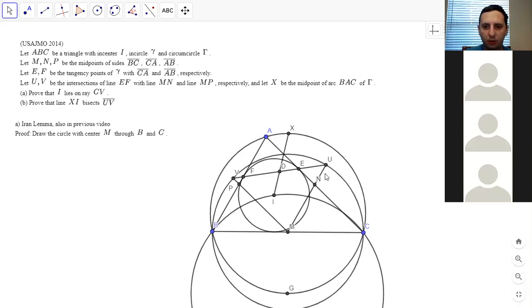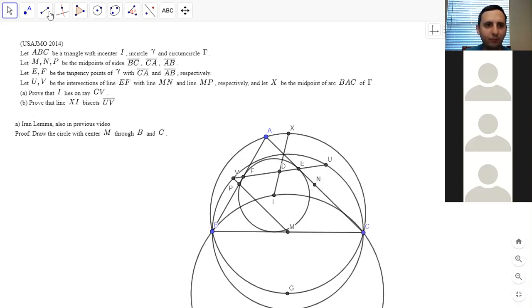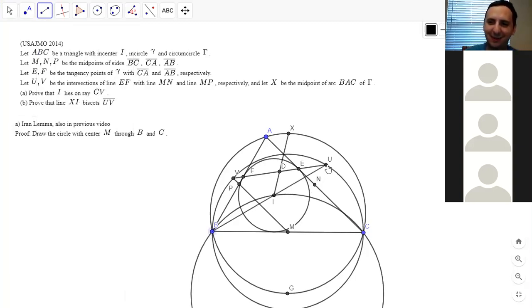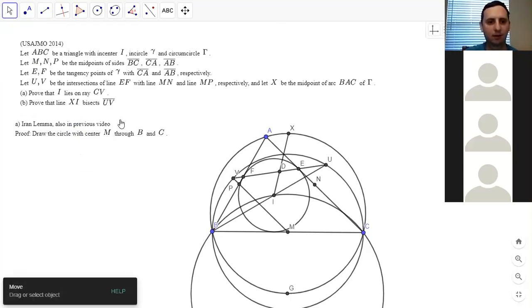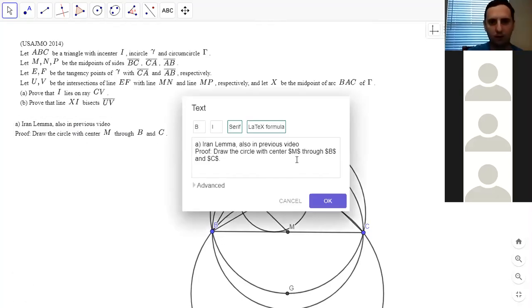Okay, so let's see. I've seen so many of these proofs, but my brain is just not as good as it used to be. So let BI intersect EF at U prime, and then we're going to show it lies on MN.